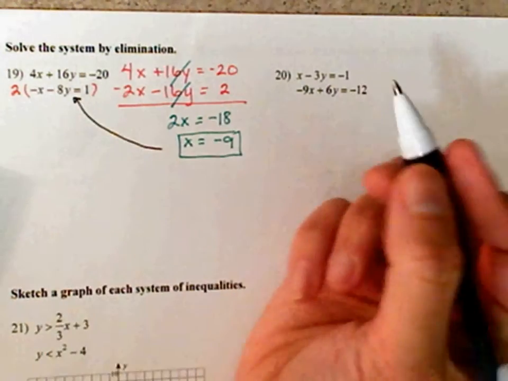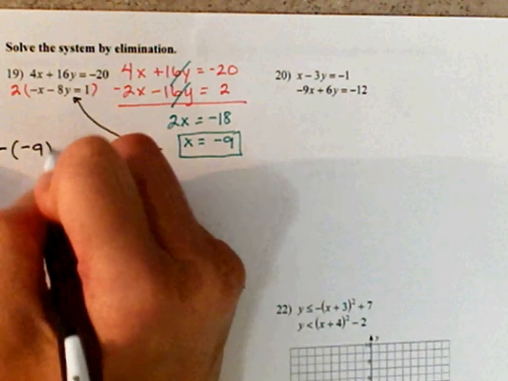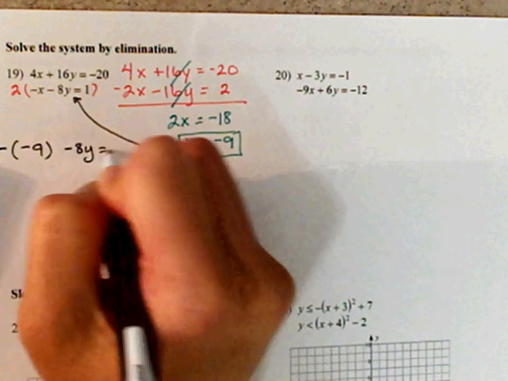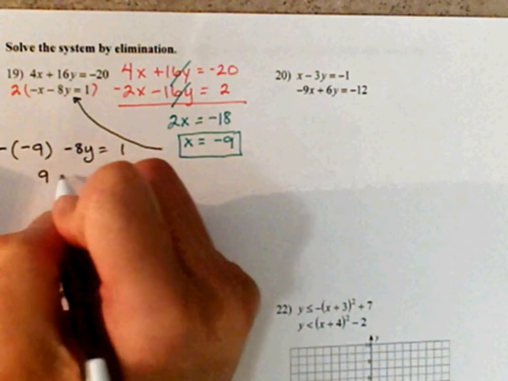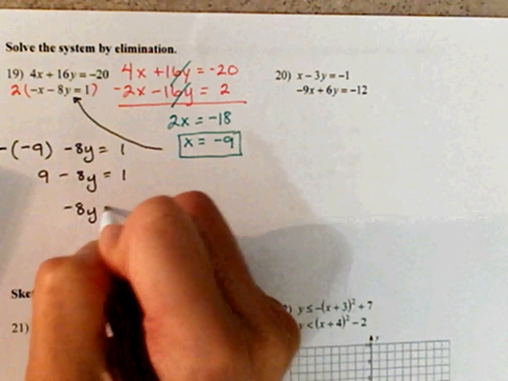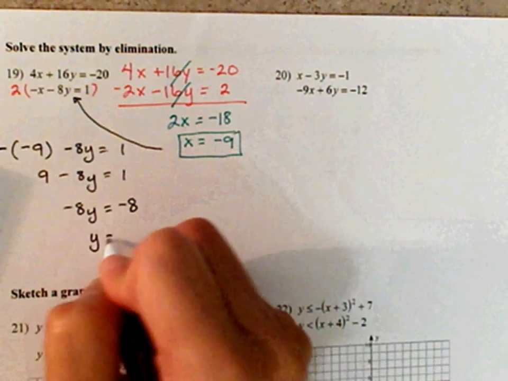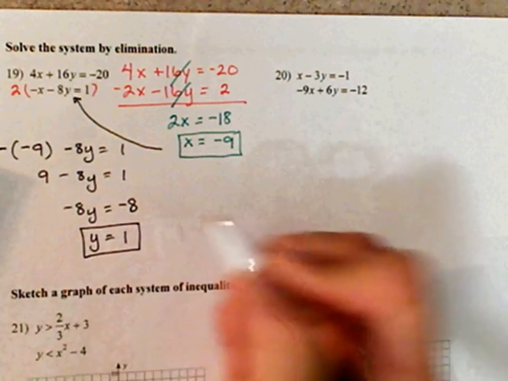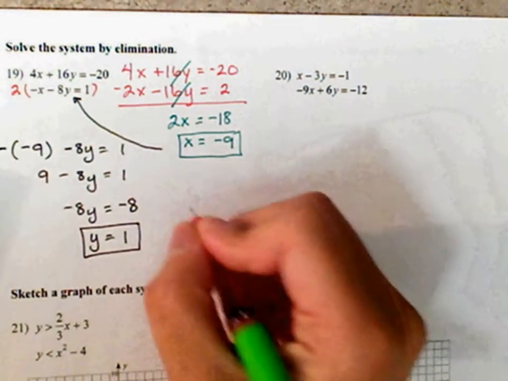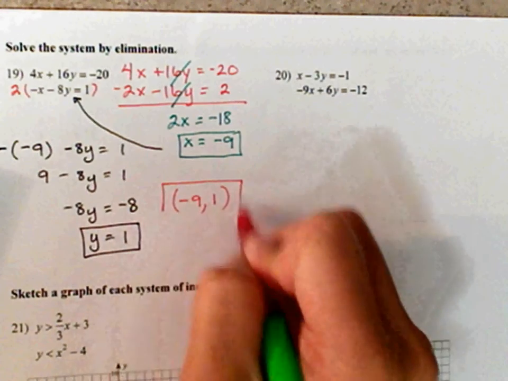So negative x, which is negative 9, minus 8y is equal to 1. Solve for y. 9 minus 8y is 1. Subtract 9 from both sides, so you have negative 8y, so y is equal to negative 1. So your solution is negative 9, comma negative 1. And there you have your elimination.